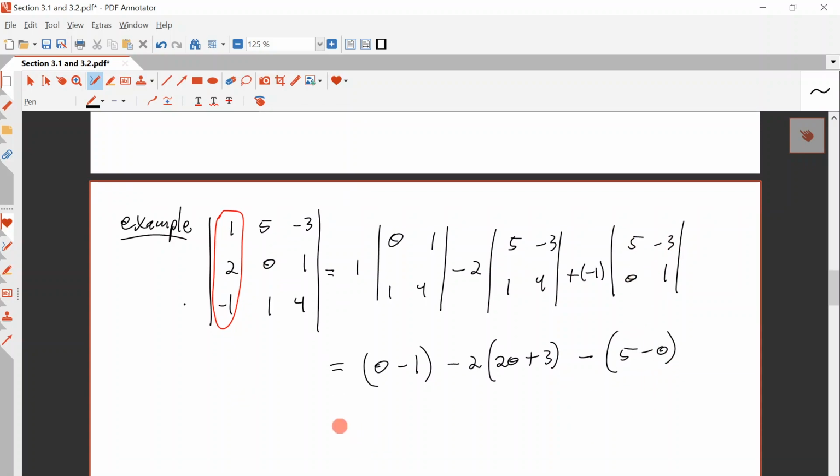So this is equal to minus 1 minus 46 minus 5. So that's minus 52.